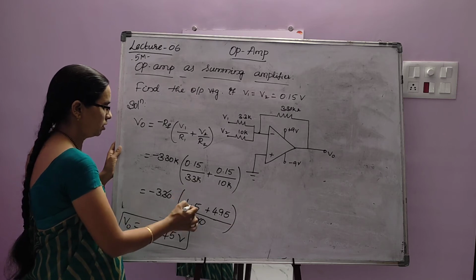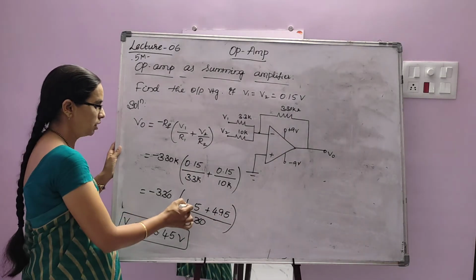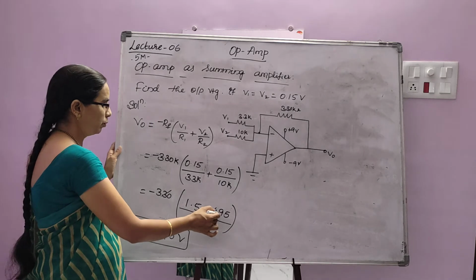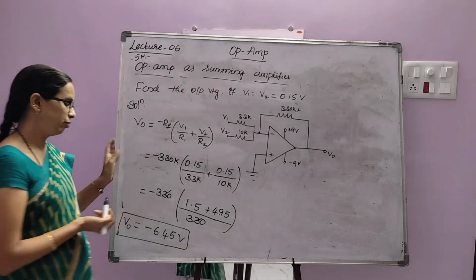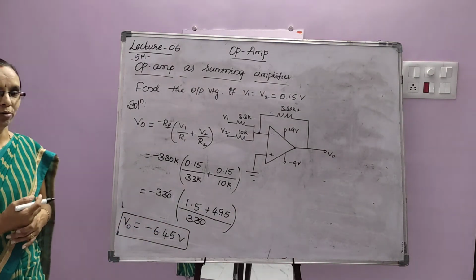If you simplify this, 4.95 plus 1.5 will be 6.45. So the output is minus 6.45 volt.